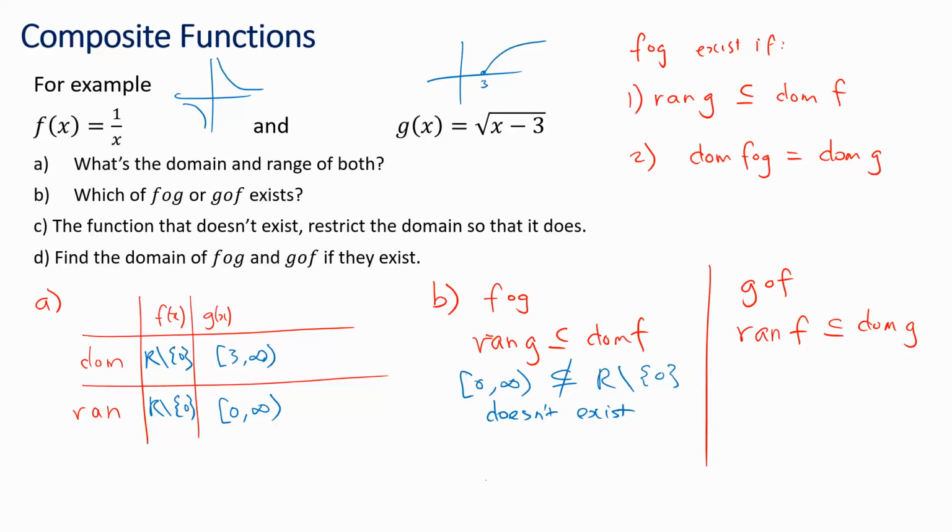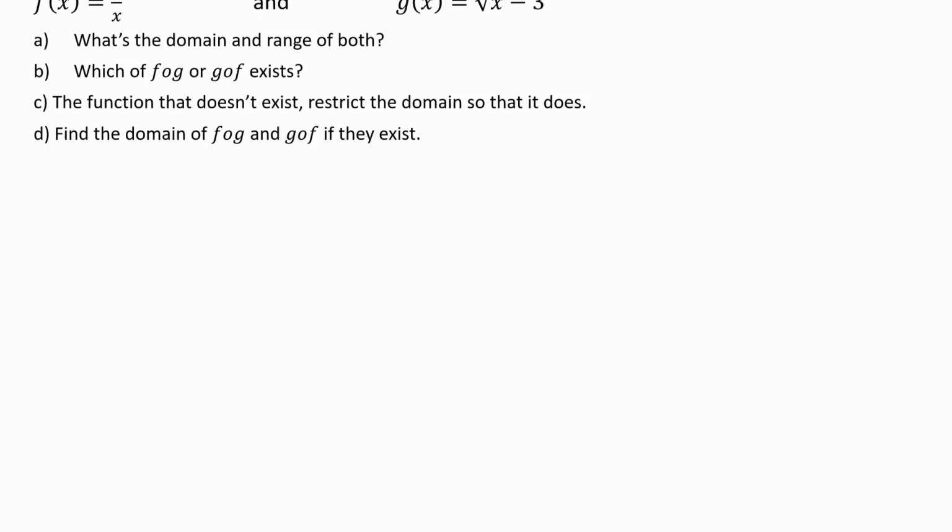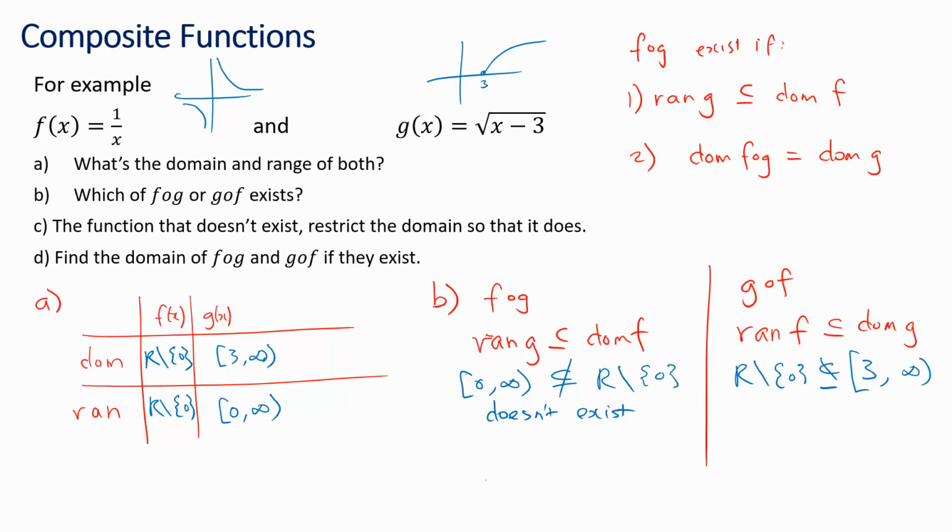Again, don't just write the definition, you have to write out the values. So the range of f, R excluding 0, we want that to be a subset of the domain, which is 3 to infinity, which we can already see a problem there. If you draw the number line out, you can already see that's not a subset. Because it's not a subset, both of them do not exist.